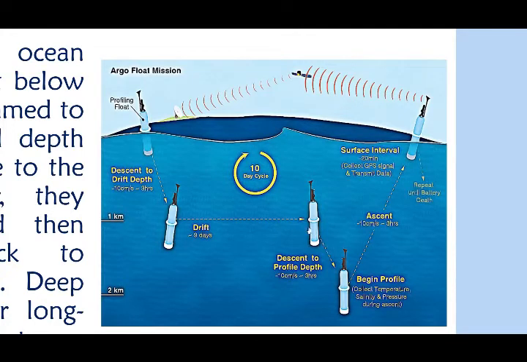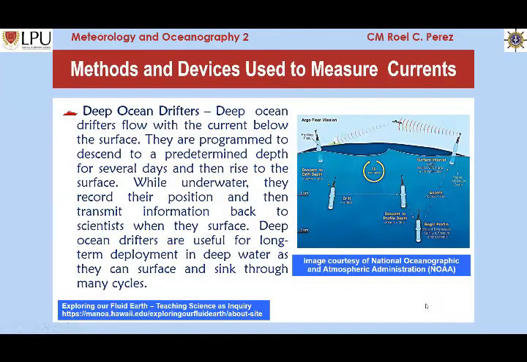And then it will begin profiling to collect temperature, salinity, and pressure during ascent. So it will again ascend. And then when it surfaces, it will transmit a signal to the satellite and to the shore station. So this is actually by the National Oceanic and Atmospheric Administration.